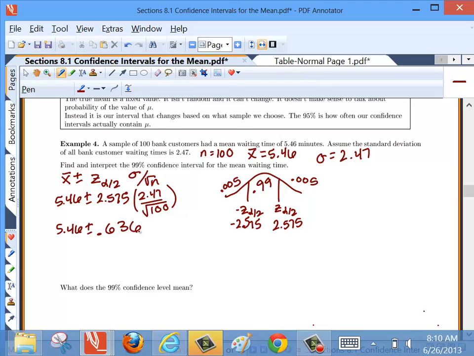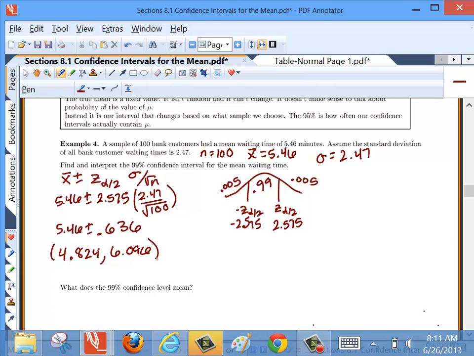Remember? The part that we add or subtract is called our margin of error. So when I put this in my calculator, I get that it goes from 4.824 to 6.096.